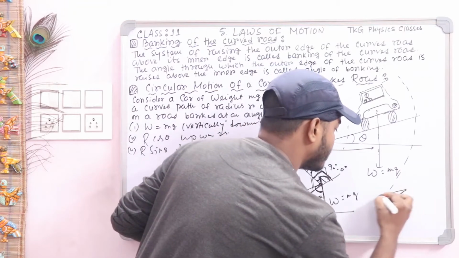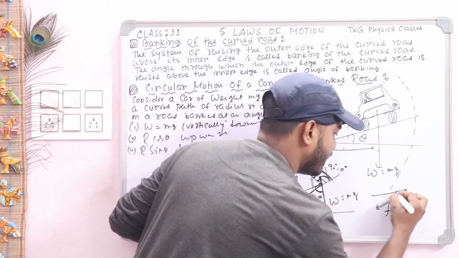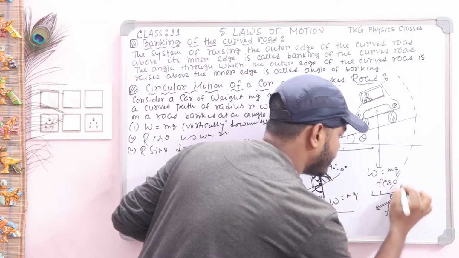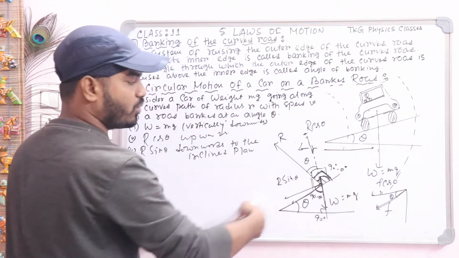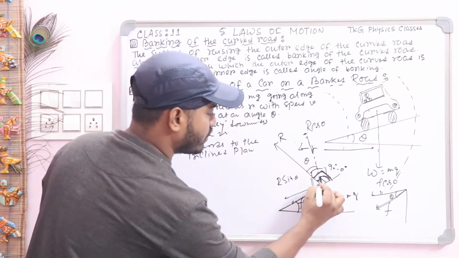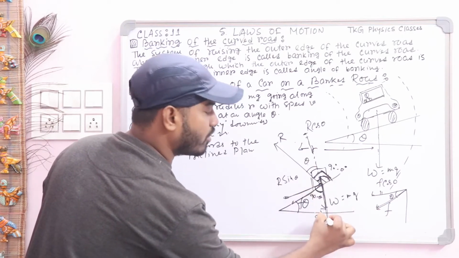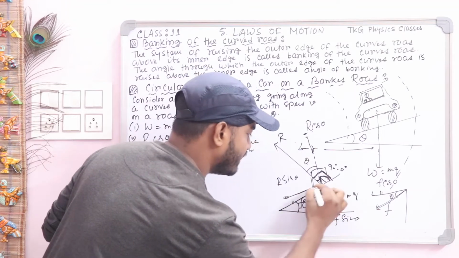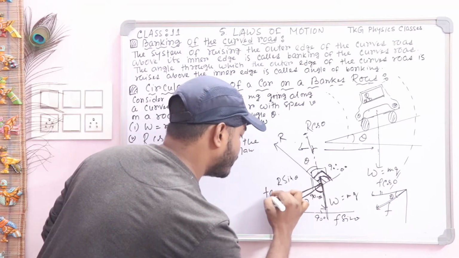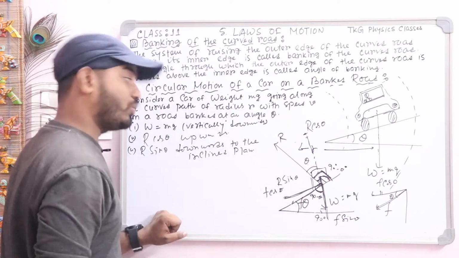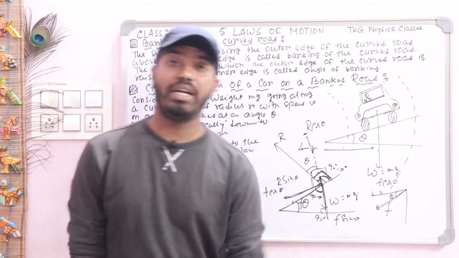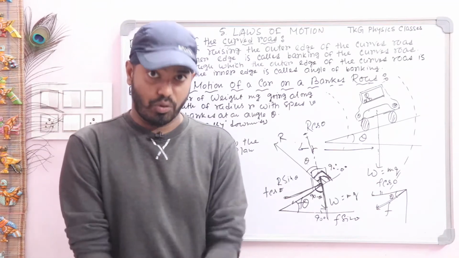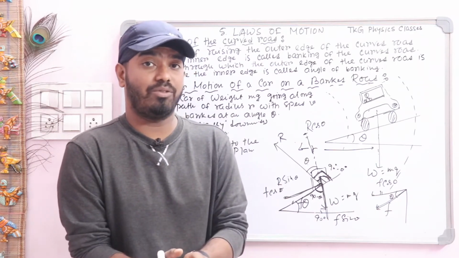This friction also has two components. This angle is theta, so this component will be f cos theta, directed towards the center, and the downward component will be f sin theta. Here you compare the horizontal and vertical forces. Which force provides the centripetal force?